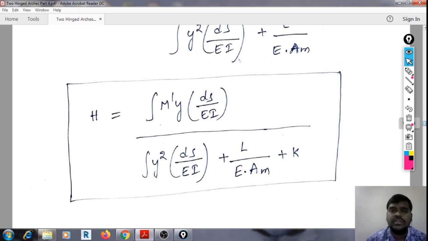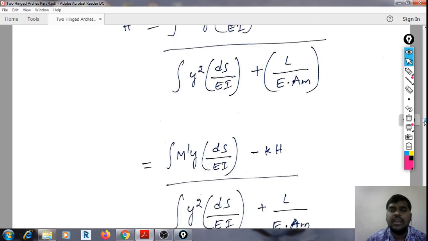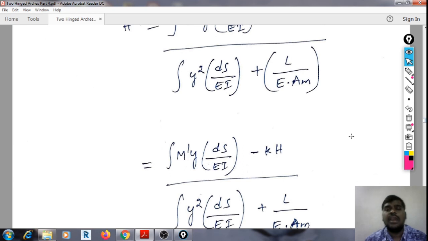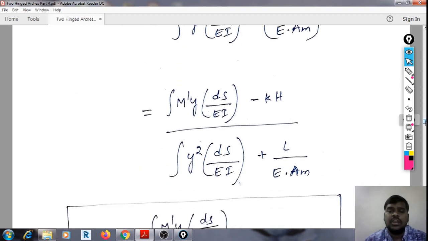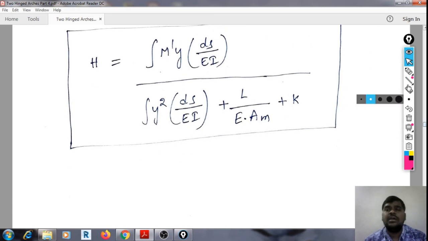Here delta can be written as kH. So by simplifying this, taking H to the left-hand side, this goes to the denominator, and finally we get this as the output.